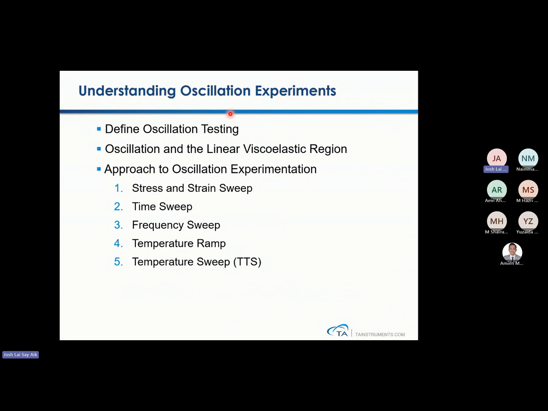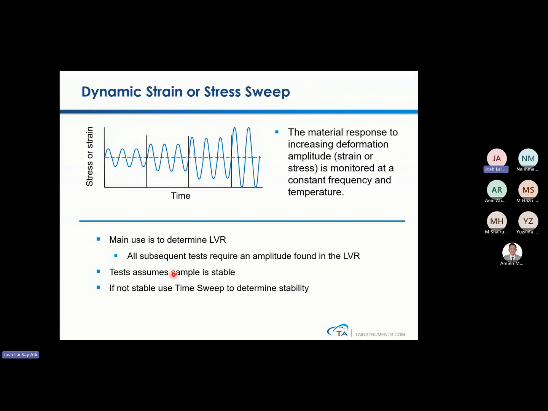For oscillation experiments, you can have multiple approaches, which are five approaches: amplitude sweep, in short, as you can see from the software, time sweep, frequency sweep, temperature ramp, or temperature sweep. So what are they? Typically, the dynamic strain or stress sweep, or amplitude sweep, is a material's response to increasing deformations, so it gets further and further, at a specific amplitude or at a specific frequency.